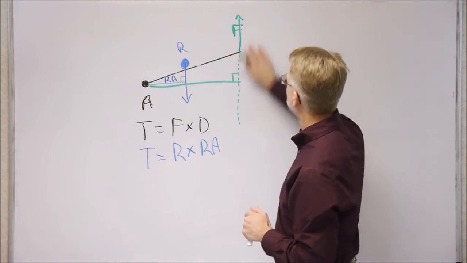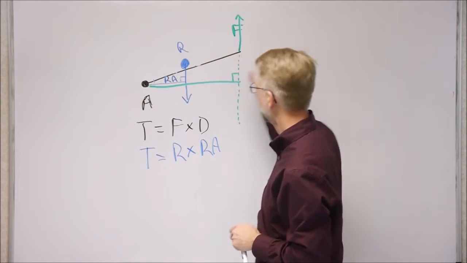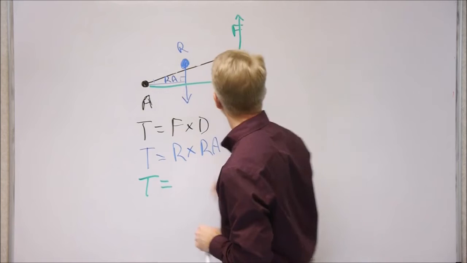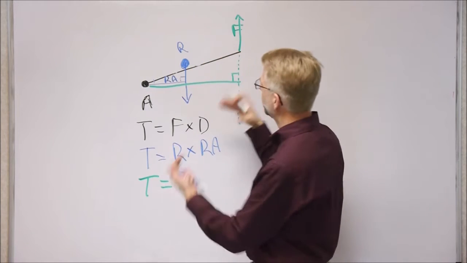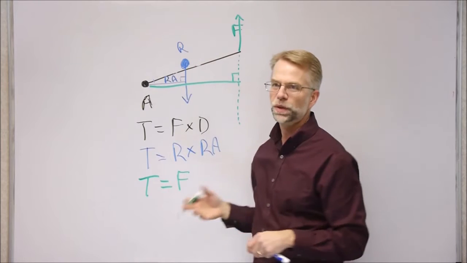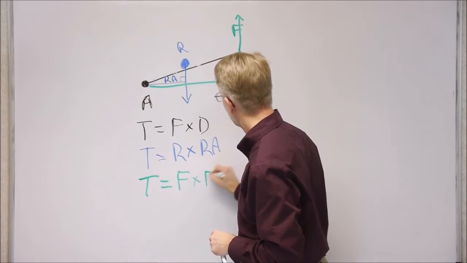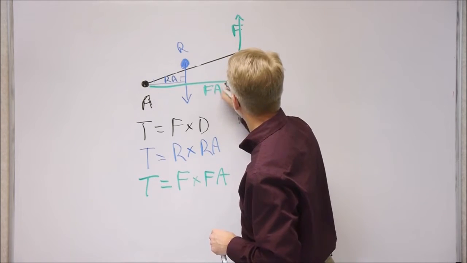On the other hand, the torque produced by our force out here on the end of the lever is going to equal this force, and we call it a force when it's the thing that's doing the moving, a resistance when it's the thing that's being moved, times the force arm being this distance right there.